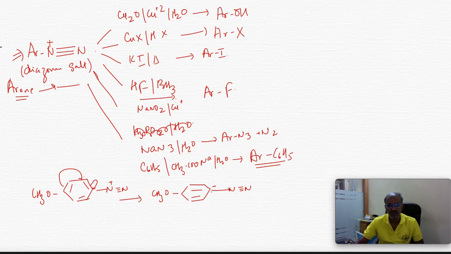This will become a plus charge because this particular group leaves. So it will become a carbocation.